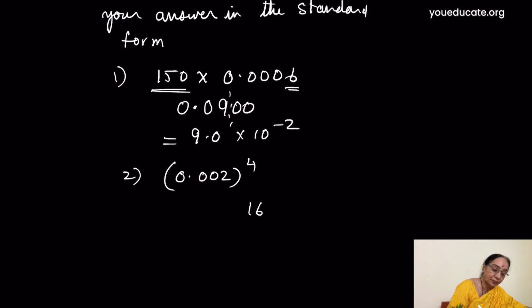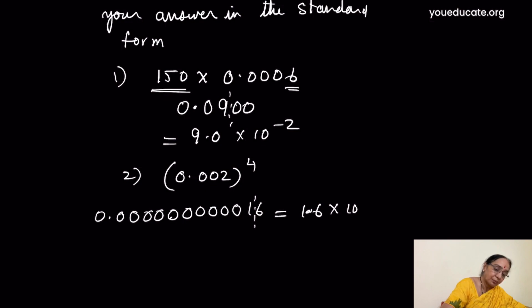We already have 2, then you will have 10 zeros over here. 1, 2, 3, 4, 5, 6, 7, 8, 9, 10. Now putting it in the standard form, it will be 1.6 into 10 to the power of minus 11.